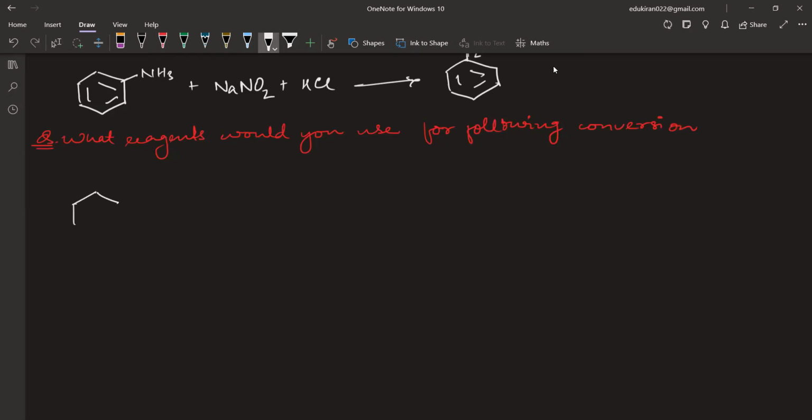The conversion that they want you to remember and learn is how will you convert aniline to chlorobenzene. The first step is to convert it to benzene diazonium chloride. That means you have to add NaNO2 plus HCl. The second step is then Cu2Cl2.